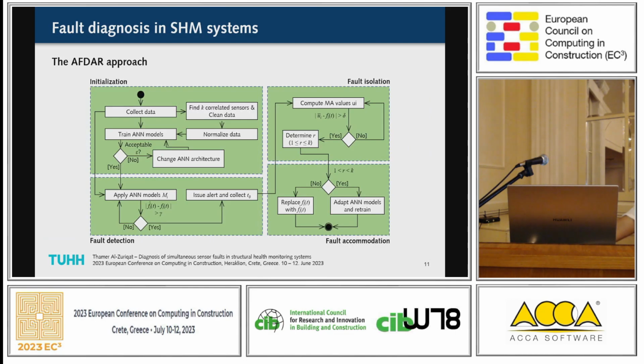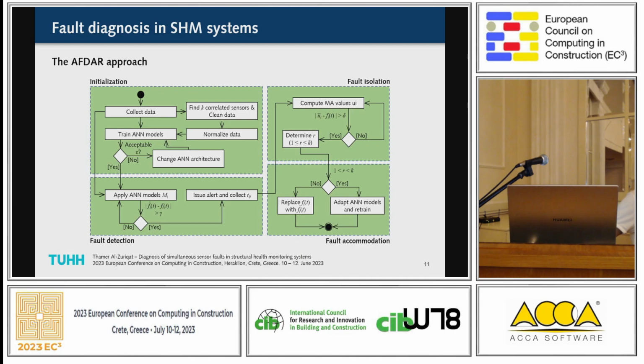First of all, we have an initialization stage. In this stage, we collect data, we process and clean it, and then we train our models. We then apply the same idea for fault detection, and once we detect a fault, we record a fault timestamp. This fault timestamp is sent to the next step, which is fault isolation, where we look at each sensor separately.